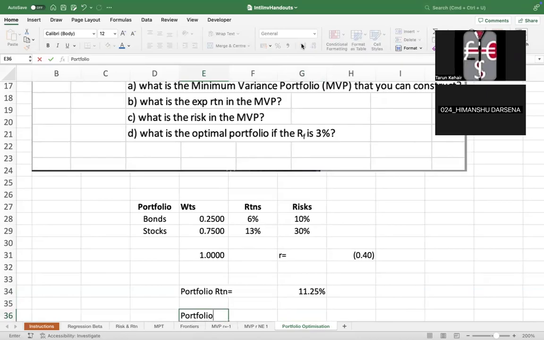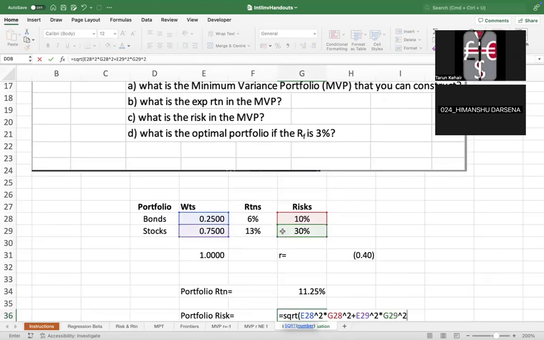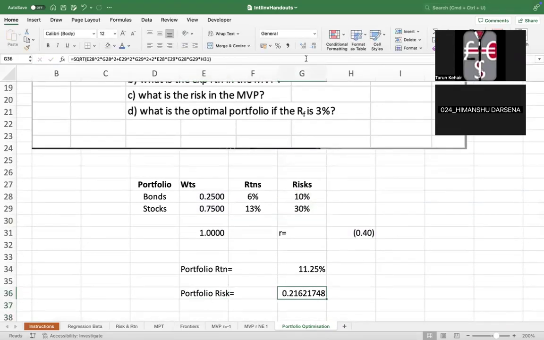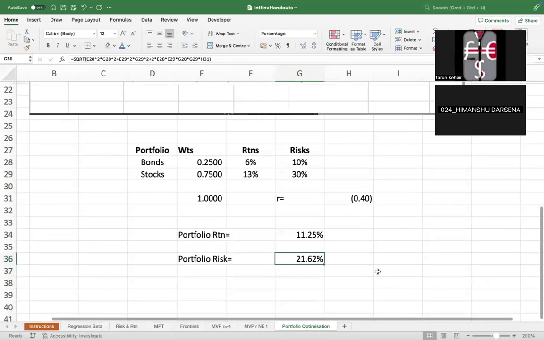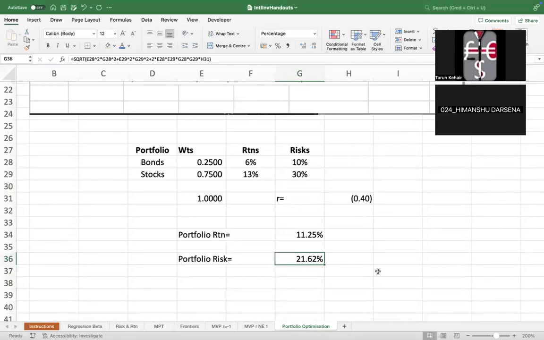And the portfolio risk will be equal to the square root of weight of A squared into sigma A squared plus weight of B squared into sigma B squared plus twice weight of A, weight of B, sigma A, sigma B into correlation coefficient, which is R. And we got the portfolio risk as 21.62%.